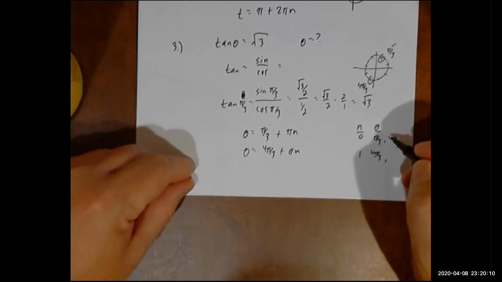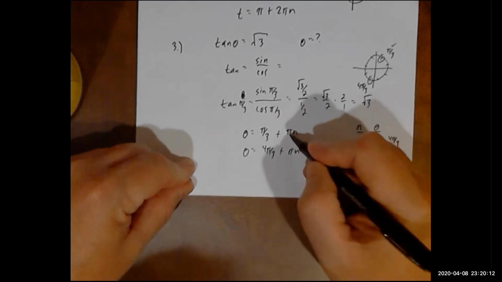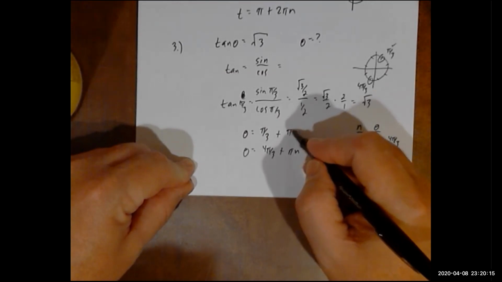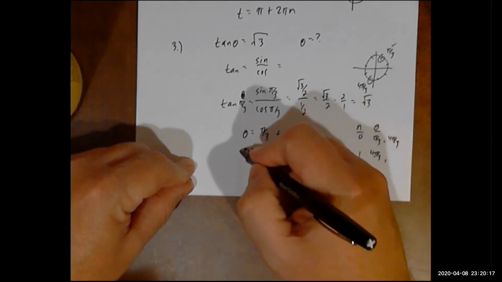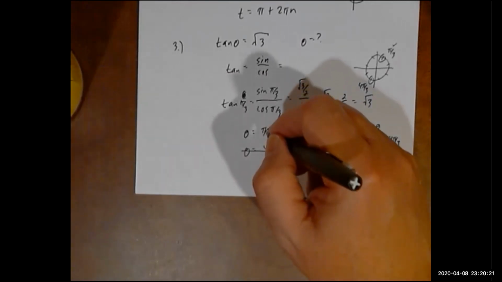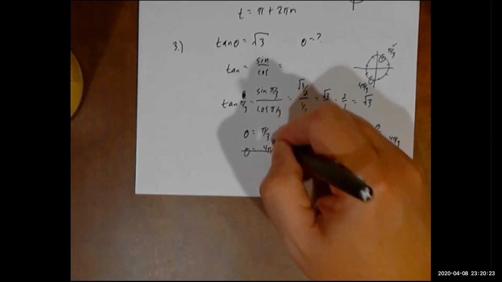It just turns out for tangent, because it repeats every pi, this is going to be redundant. I think by just using this one, it's going to also cover all my possibilities. So my guess is the answer should be pi over 3 plus pi n. Like I said, tangent's a little tricky.